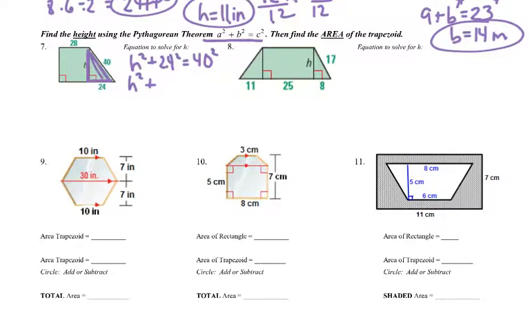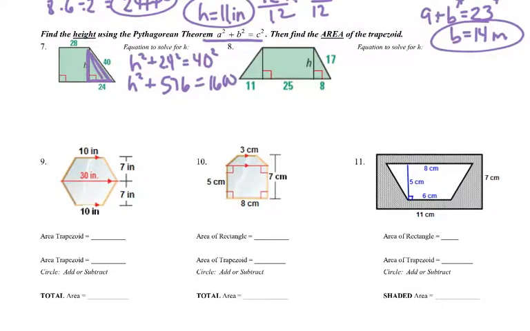So 24 squared, isn't that 576? And 40 squared, isn't that 1600? Let me see. 24 squared is, yep, 576. And then 40 squared is, yep, 1600.